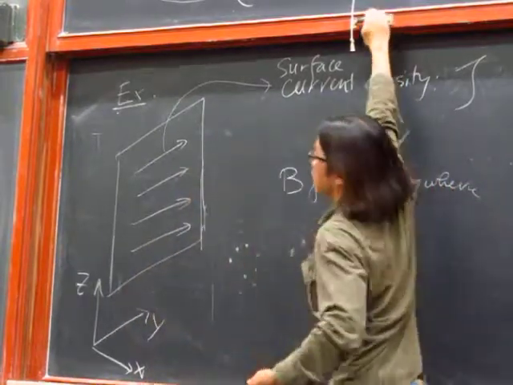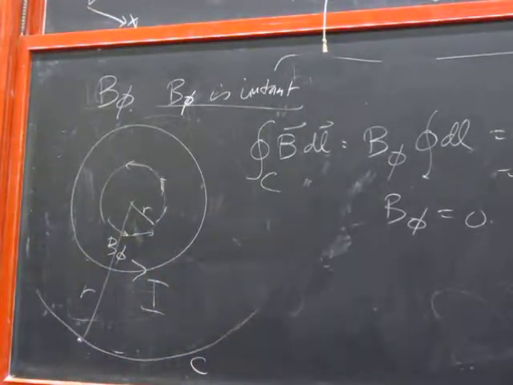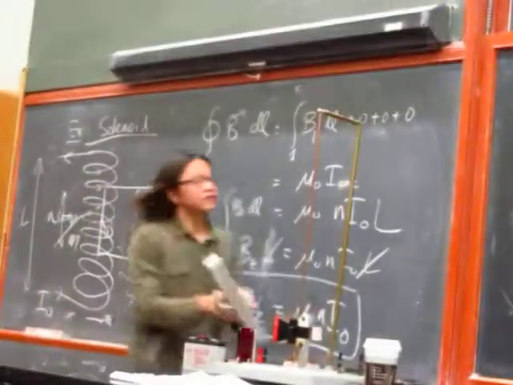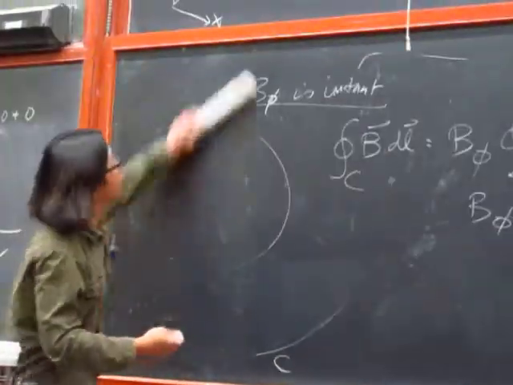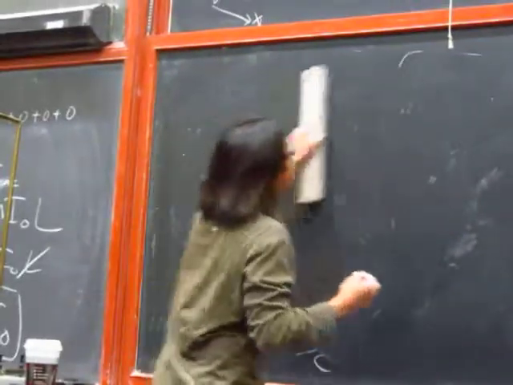By the way, just to look at the example, if you don't like the fact that this winding gives you a residual current in the z direction, you can also think of wrapping that surface current plate.